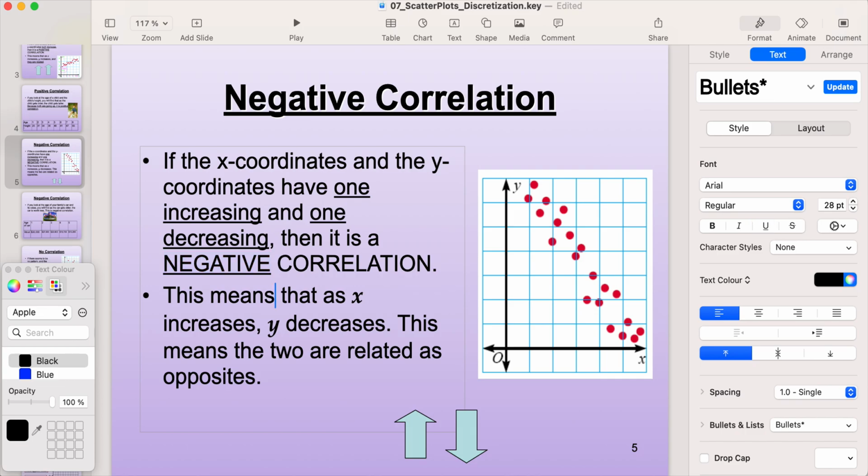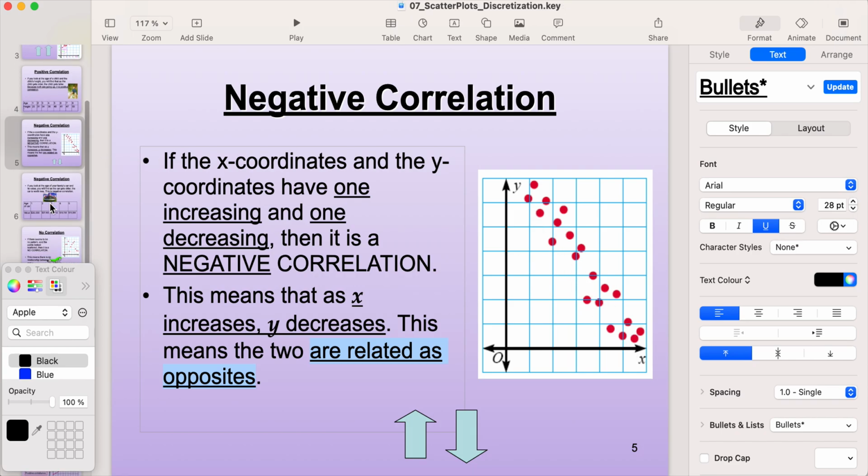This means that when the x increases, the y decreases. This means they are related, but they're opposites. So overall, the points appear to be moving downwards in this visualization.